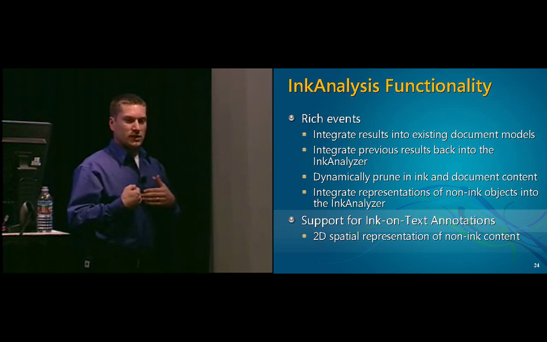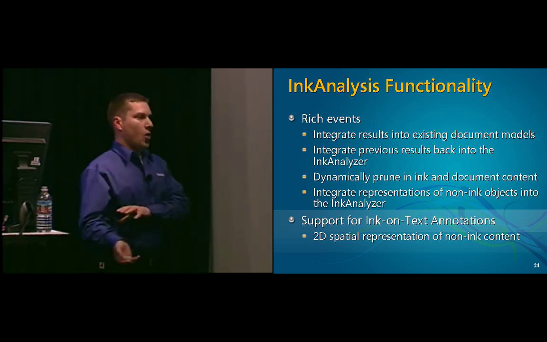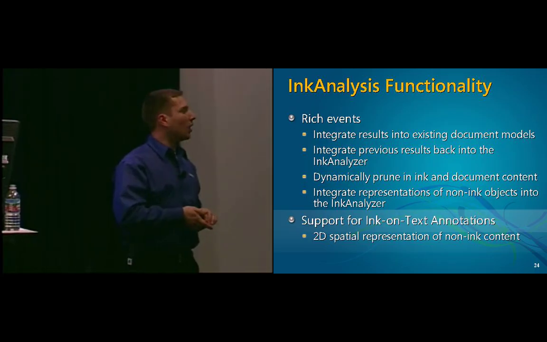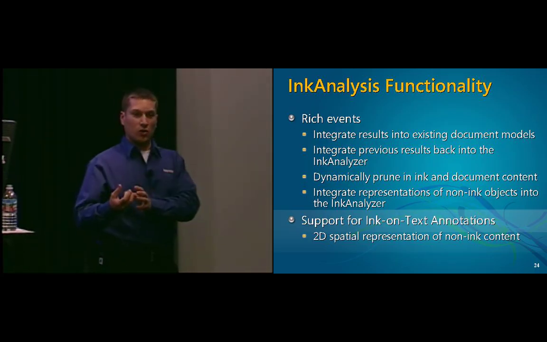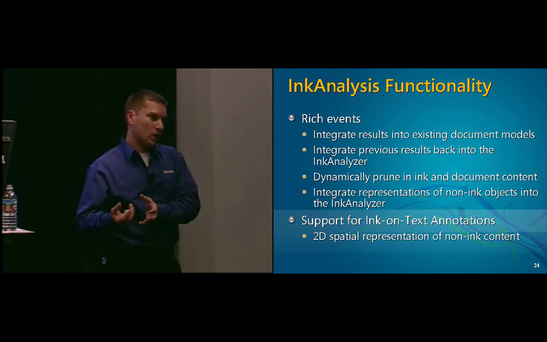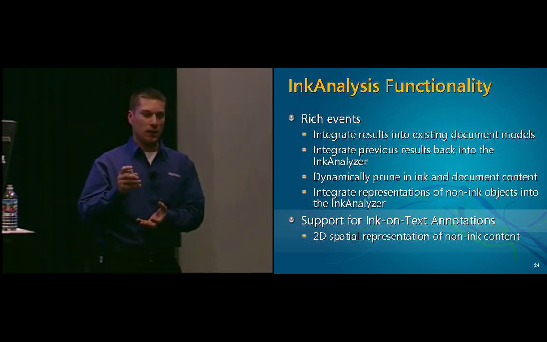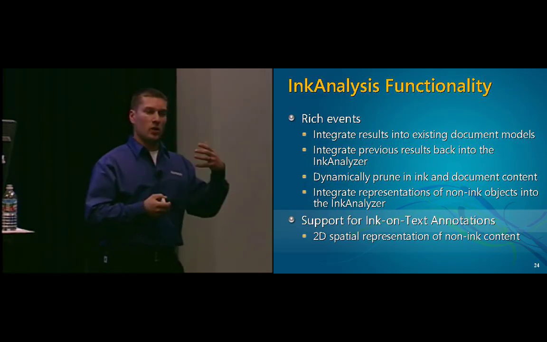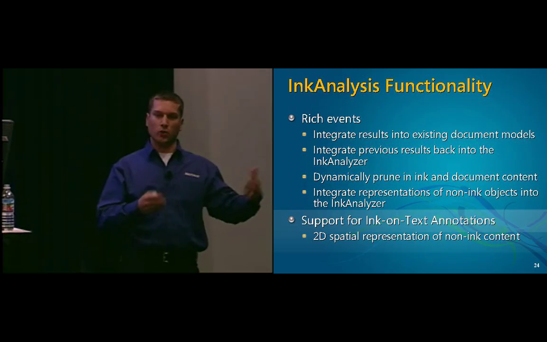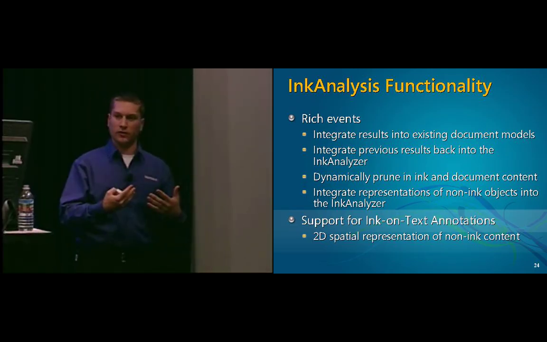And we just simply have a rich set of events that we'll raise to you if you only want to know about this on your own document model. If you simply want to use our tree to store all of your data, you could do that. I don't think you're going to get very far because it is a limited data set. But basically what each of these events are going to do is if we need to know about a particular region of your page, we're going to raise an event and say, hey, we need to know about the ink in this area of the document.